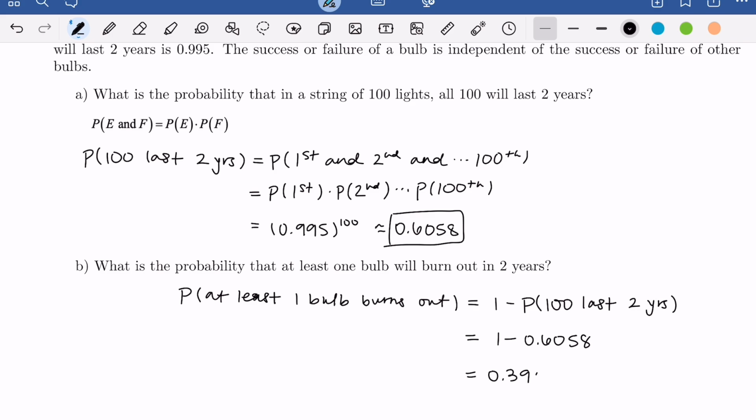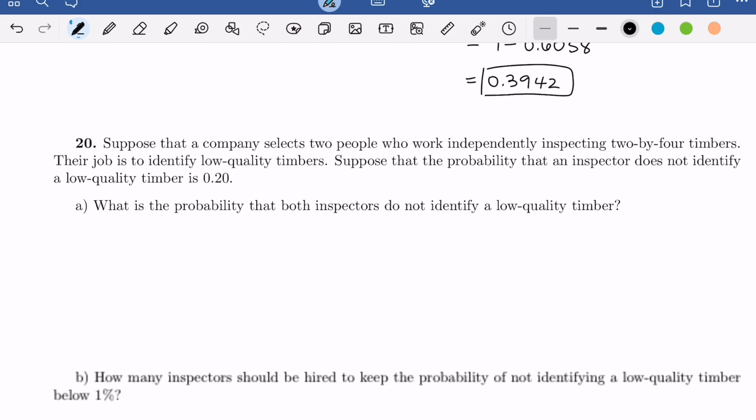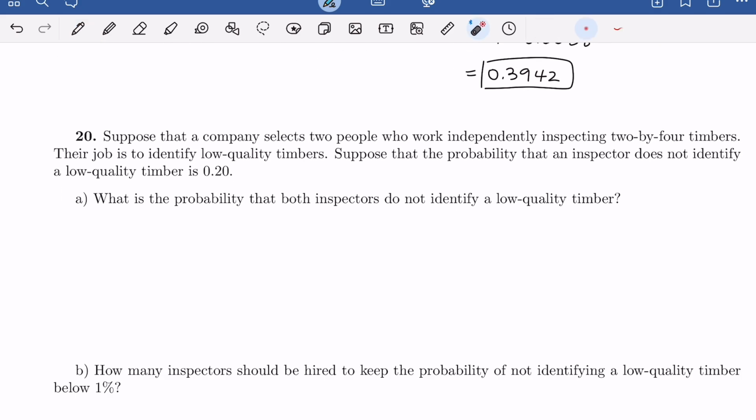So this gives us 0.3942. Now, for this last question here, question 20, suppose that a company selects two people who work independently inspecting 2x4 timbers. So their job is to identify low quality timbers, and suppose that the probability that an inspector does not identify a low quality timber is 0.20. So what is the probability that both inspectors do not identify a low quality timber?